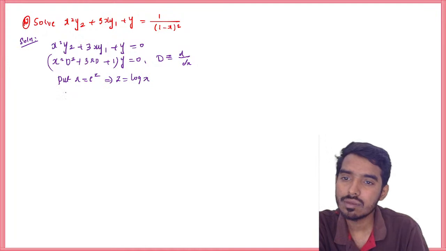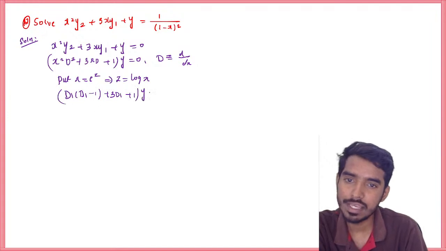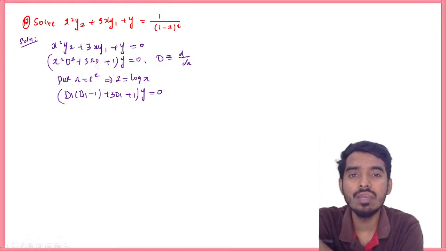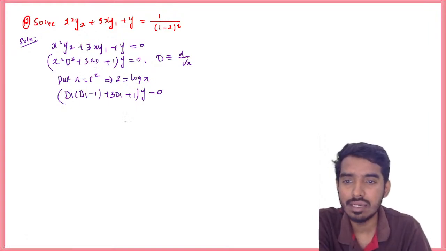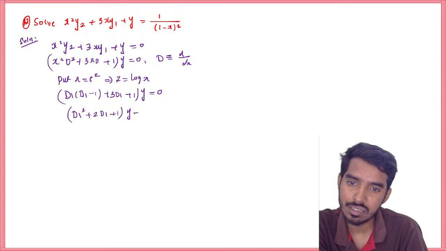So we have D1 into D1 minus 1 plus 3 times D1 plus 1 of y is equal to 0. Thus you have to replace x square D square by D1 into D1 minus 1.